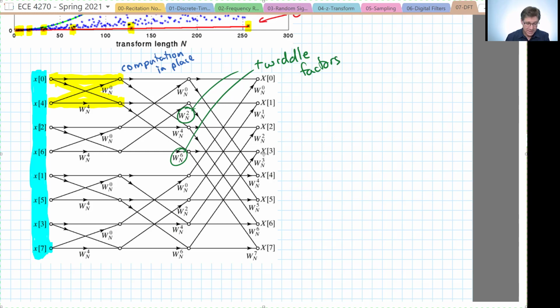In the second stage, from the even ones, we re-indexed them, 0, 1, 2, 3, and we took the even ones of those and put those on the top and the odd ones on the bottom. And this continues. And when we're all done, notice they're not in order anymore. It's kind of messed up. So here we have 0, 4, 2, 6, 1, 5, 3, 7.